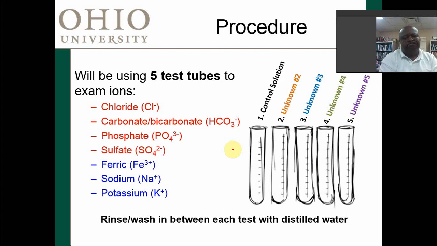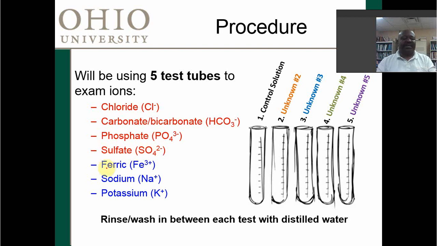So, here are our tests. We're looking for chloride. There must be something we can do to identify chloride from amongst all the others. And then carbonate, bicarbonates is a test that actually doesn't distinguish between those 2. Phosphate, there's a test for that.